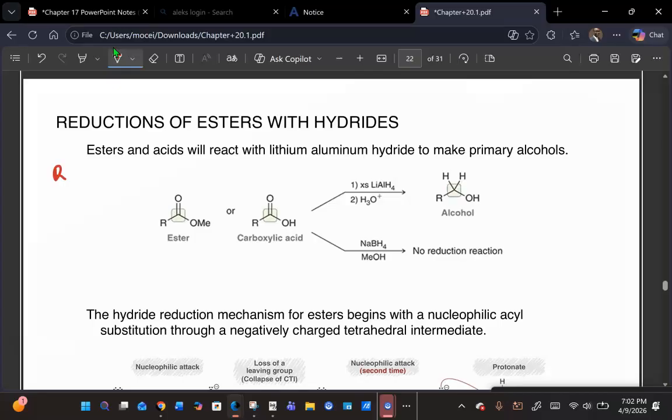So generally, if you have an ester and you have a reducing agent, usually LAH, some books will write it as LAH. Just know the cutting point. It will give you an aldehyde. It does not stop there. It keeps going. It will give you an alkoxide, which is why you need H3O plus to get the alcohol.